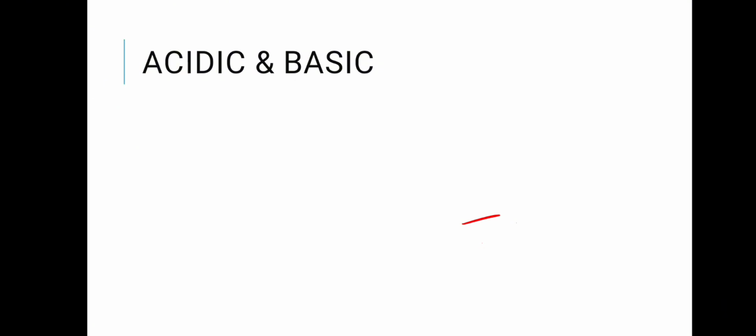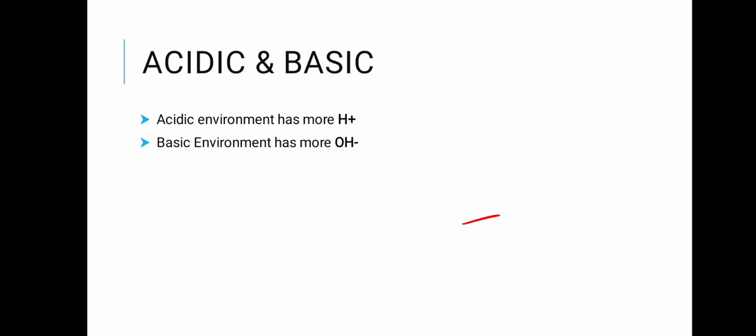So basically, when you talk of your basic medium or your acidic medium, you're talking of an environment that has more of the hydrogen protons. And when you talk of your basic media, you're talking of an environment that has more of the hydroxide ions.